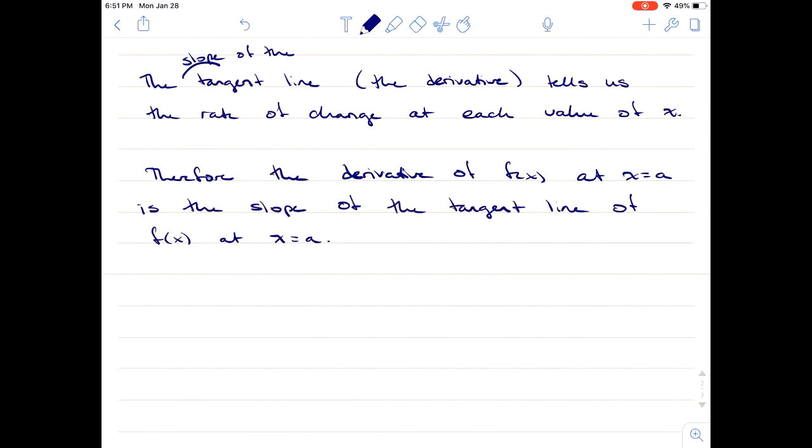Just re-emphasizing that the derivative is the slope of the tangent line.